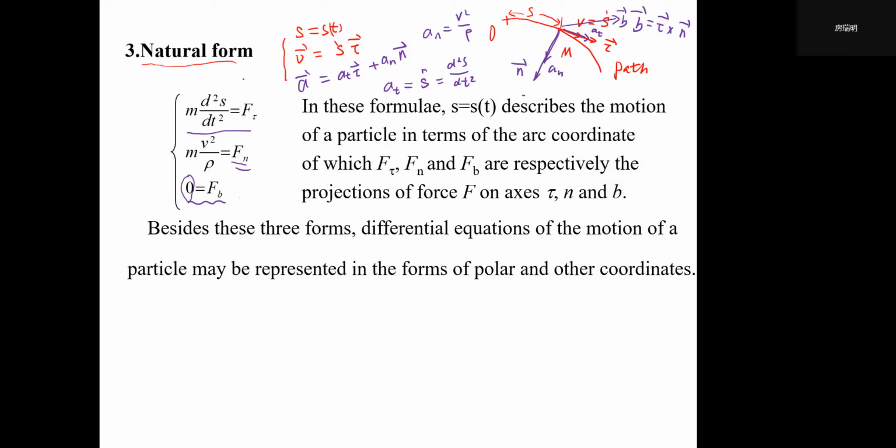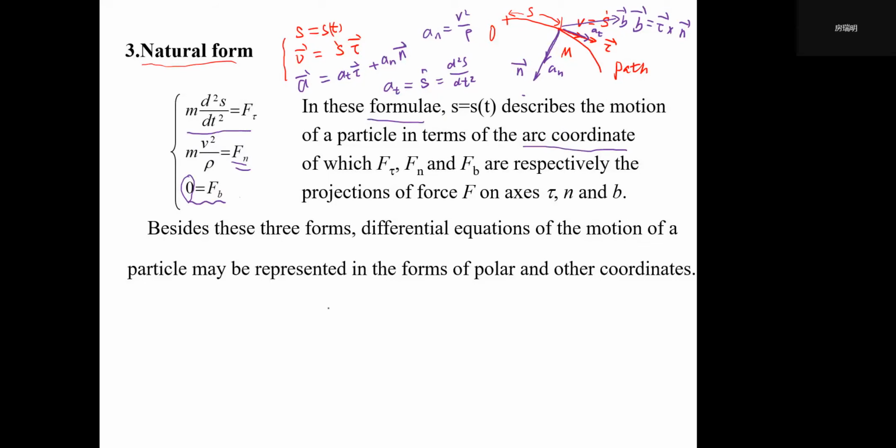That's what we learned, the so-called natural coordinate system. In these formulas, s equals s(t) describes the motion of a particle in terms of the arc coordinate. We call that 自然坐标系, and F_tau, F_n, and F_b are respectively the projections of the resultant force.